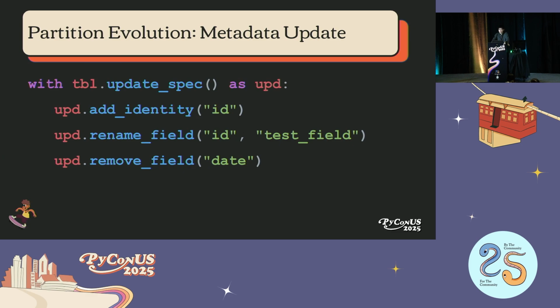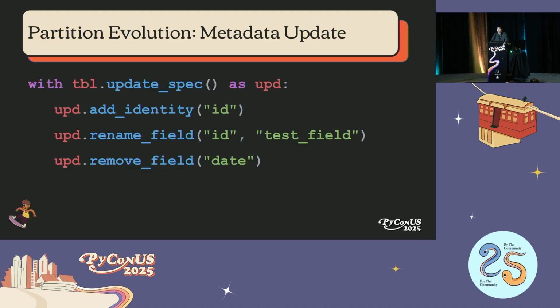Similarly, PyIceberg also allows you to update your partition strategy at any time, with a setup similar to schema evolution. You can call the update spec API, and you can add a partition field, remove a partition field, or rename a partition field. And all of this is a metadata-only update.